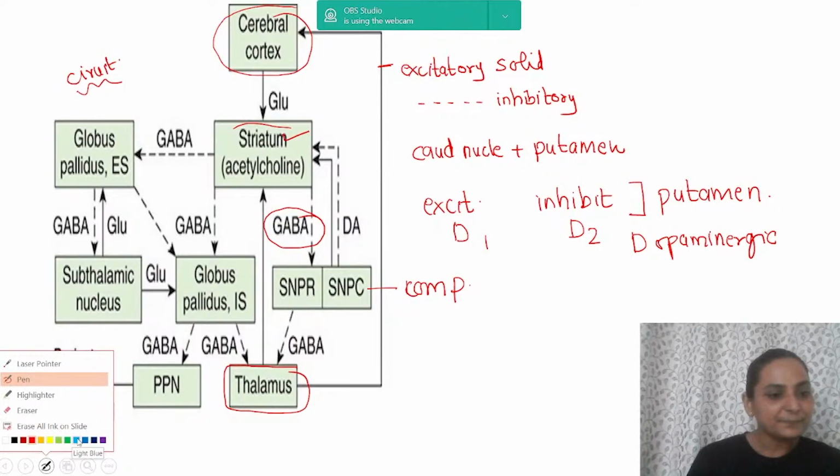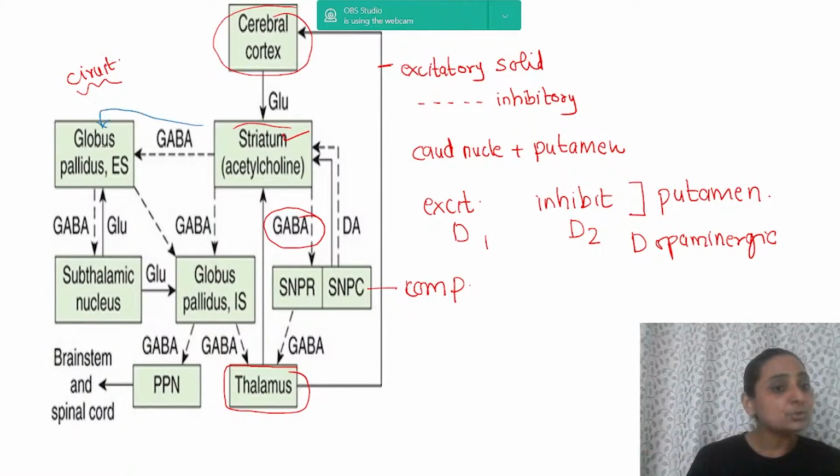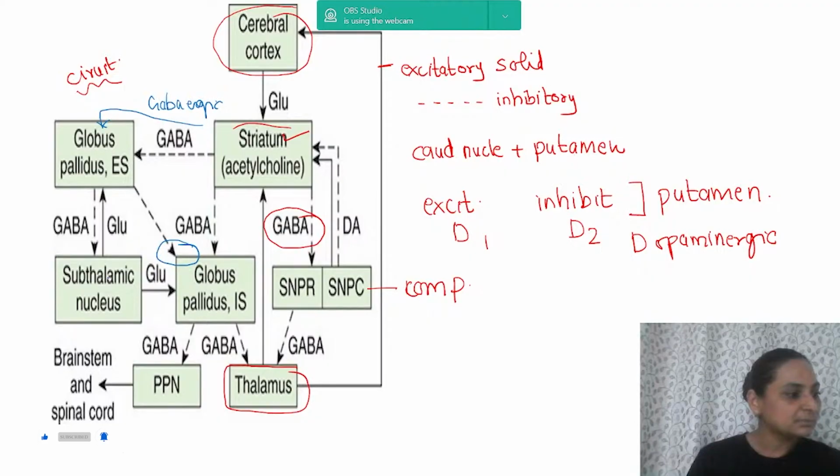The striatum is also sending inhibitory GABAergic fibers to the globus pallidus external segment. The globus pallidus external segment in turn inhibits the globus pallidus internal segment, and it also inhibits the subthalamic nucleus.